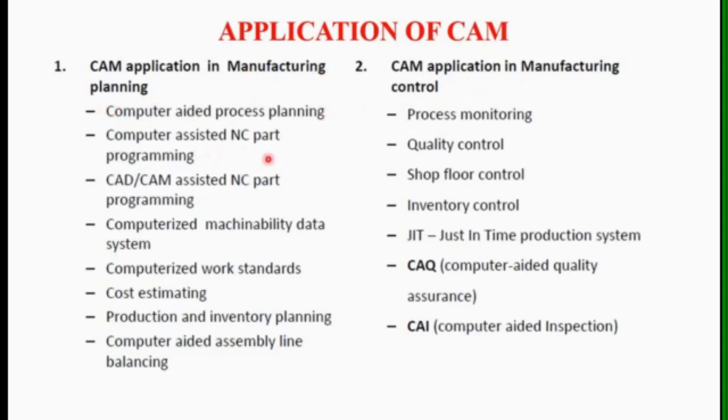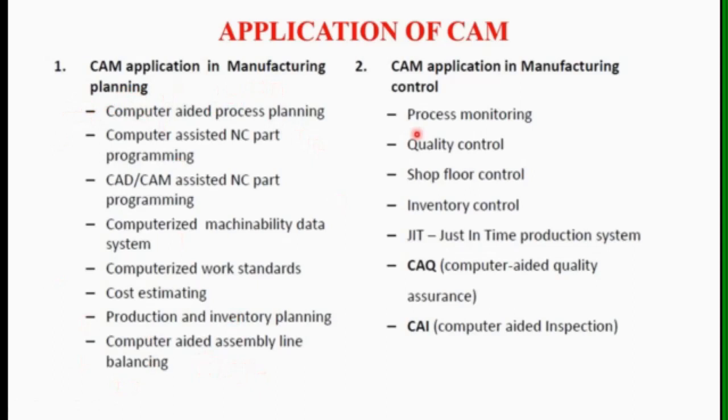Computer-assisted numerical control programs and computer numerical control machines are used here. Then CAD/CAM assisted numerical part programming, computer-aided work standards, cost estimation, product and inventory planning, and computer-aided assembly line balancing. These are the stages where computers are used for manufacturing planning.